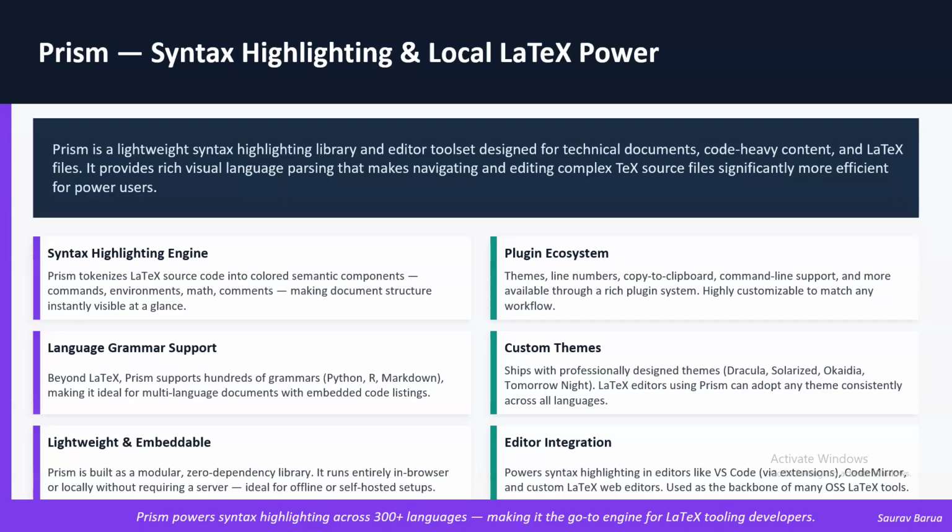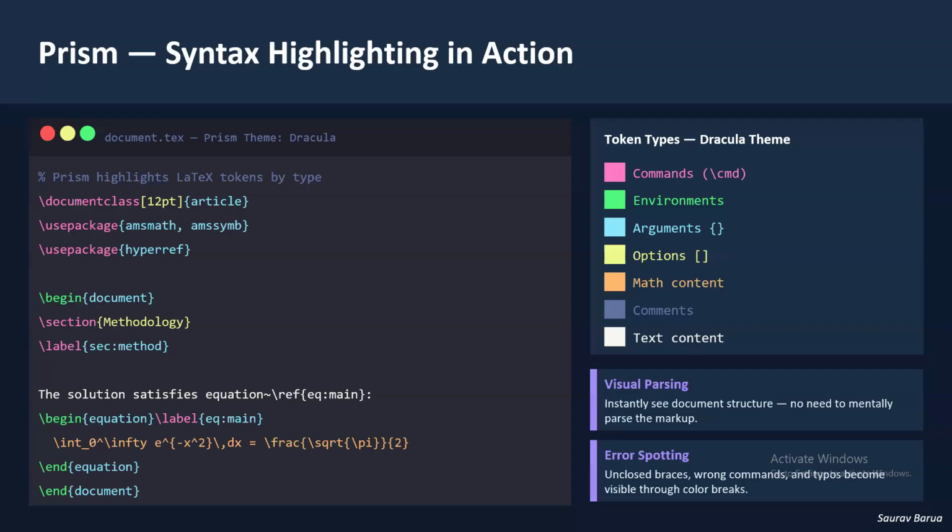Some of the custom themes we can use are Solarized, Dracula, Idea, Tomorrow Night, and for editor integration, we can integrate with VS Code, and Prism powers syntax highlighting across almost 300 plus languages. So it makes it the go-to engine for LaTeX tooling development, obviously.